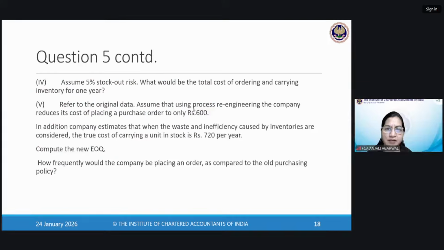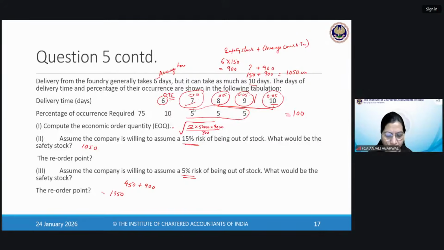So we have calculated the EOQ here. 2 into 54,000 into 9,000 divide by 300 and under the root.